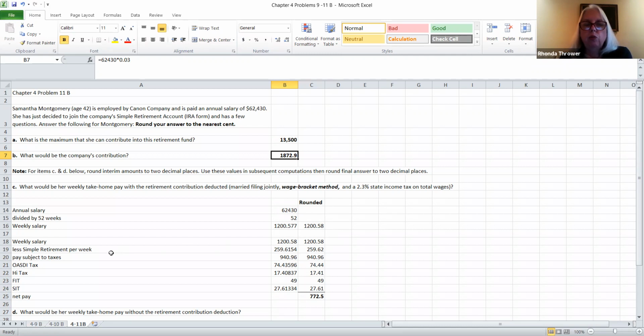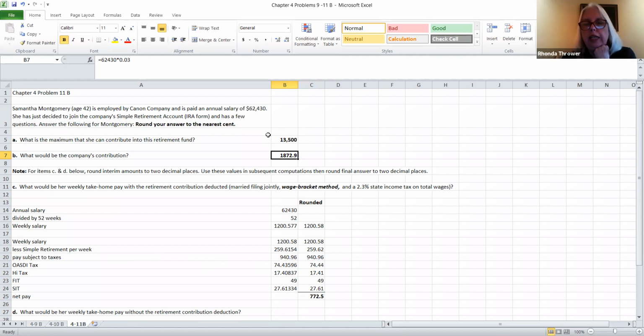And then we're going to subtract out the simple retirement per week. So what I had to do is find the weekly amount of this yearly amount that I could contribute to the simple retirement plan.